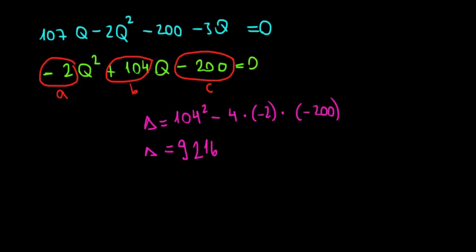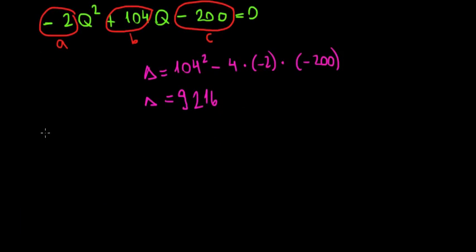Okay, let's solve for q. We want to know the possible q values. q1 equals minus b minus square root of delta, divided by 2 times a. So that's minus, what was b? 104.